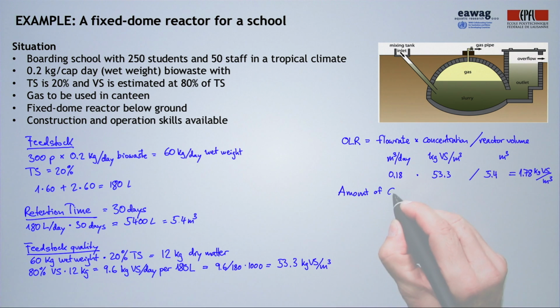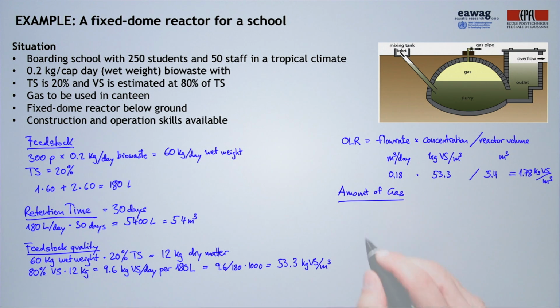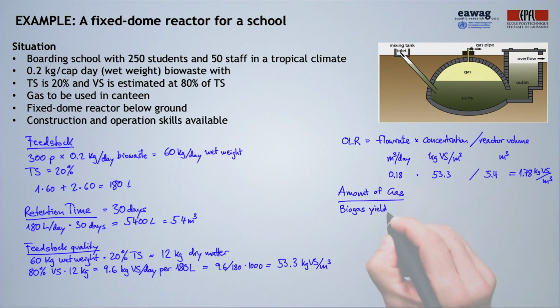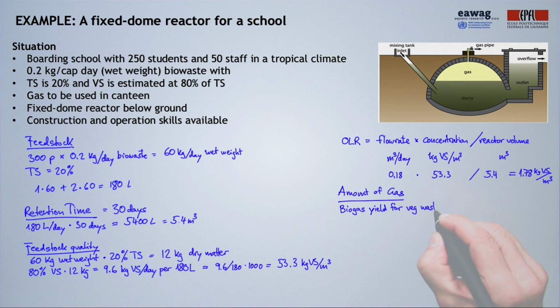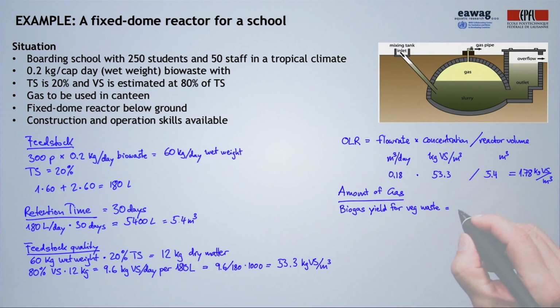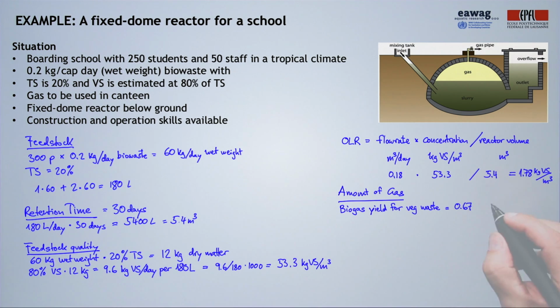Now let's look at the amount of gas that we expect. From literature, we can expect a biogas yield for vegetable waste of around 0.67 cubic meters per kilogram of volatile solids.